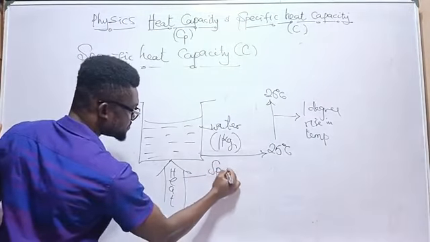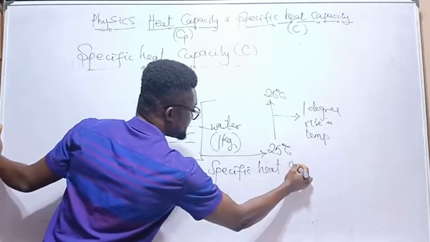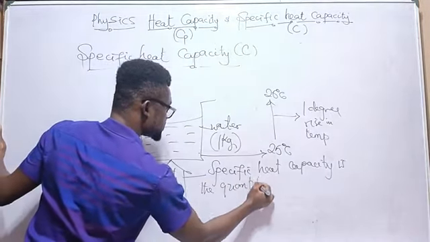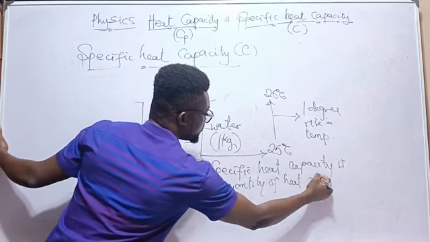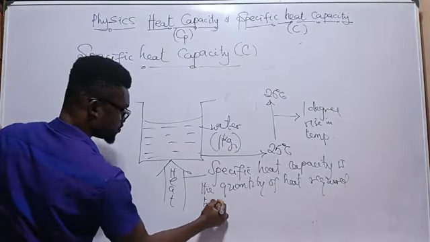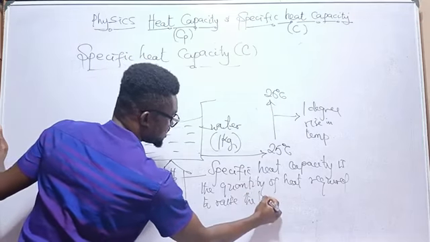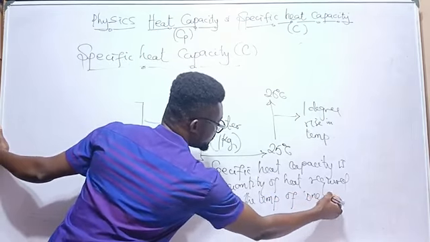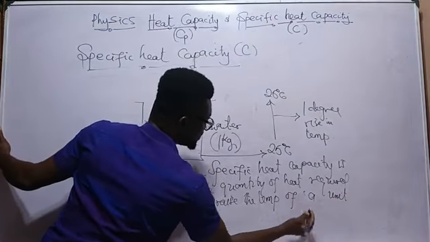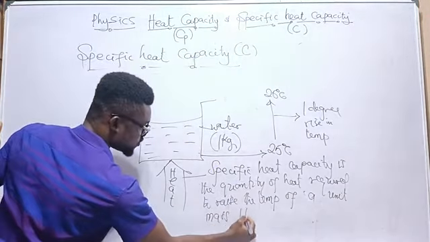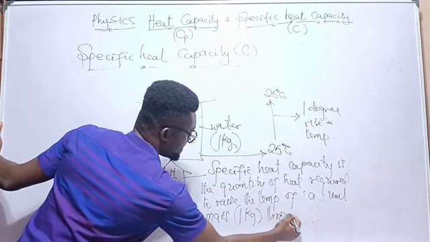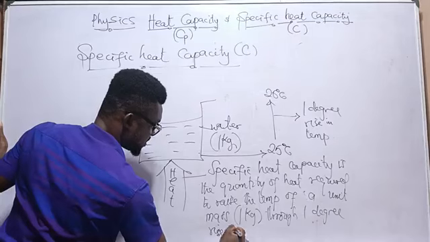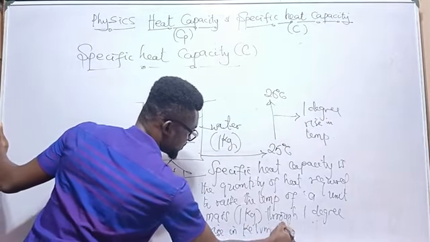So in that case, we said specific heat capacity is the quantity of heat required to raise the temperature of 1 unit, or the temperature of a unit mass, that is 1 kilogram, through 1 degree rise in Kelvin temperature.